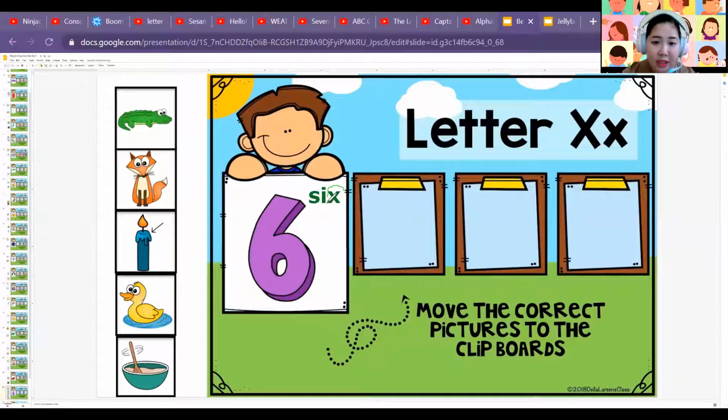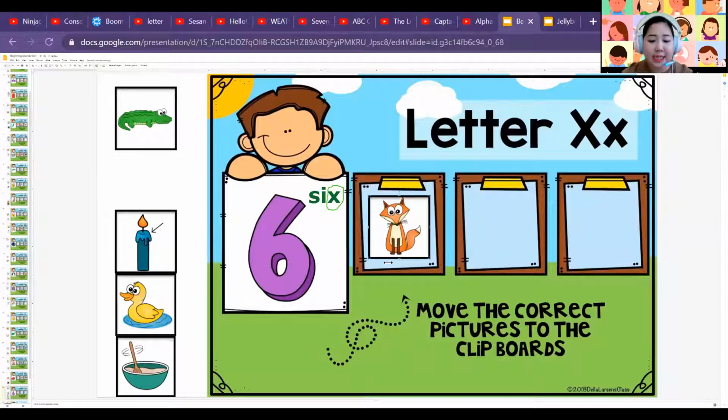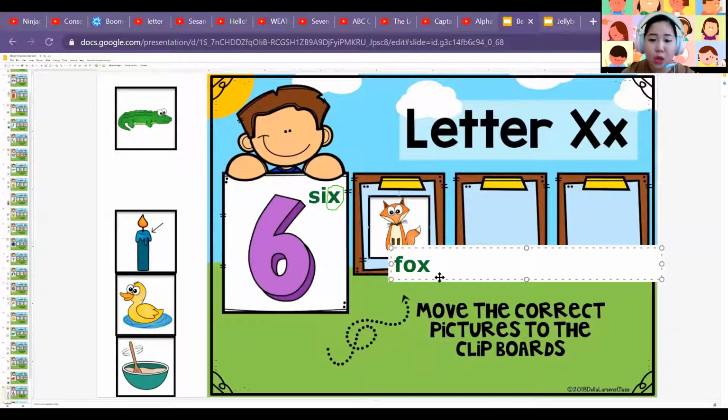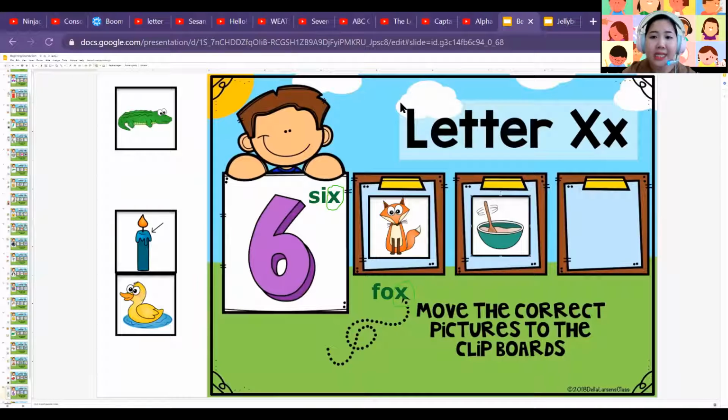Let's encircle the letter X in the end. Just like in fox. Fox has the x sound in the end also. Just like that. And we also have mix.